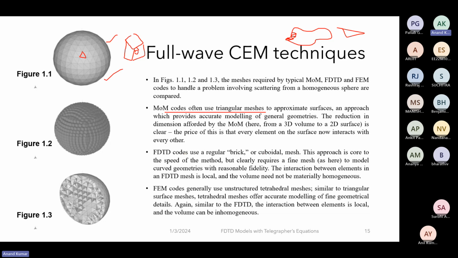If you're using FDTD, we use a regular brick or cuboidal mesh. So if it is a 1D case, in all the cases, method of moments and FDTD will use segments, but if it is a 2D case, FDTD will become squares and in method of moments this will be triangles.